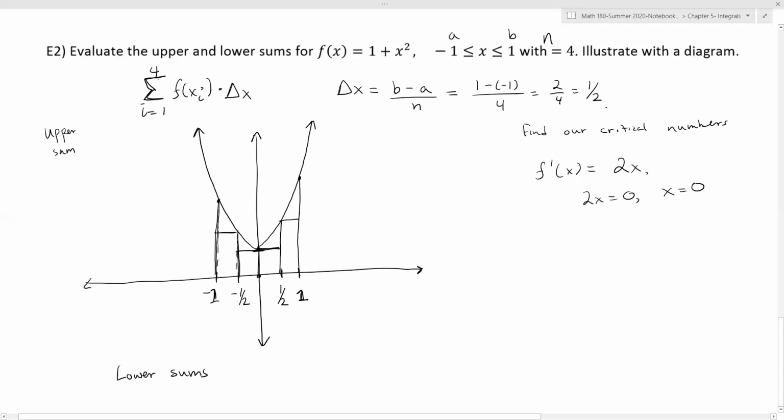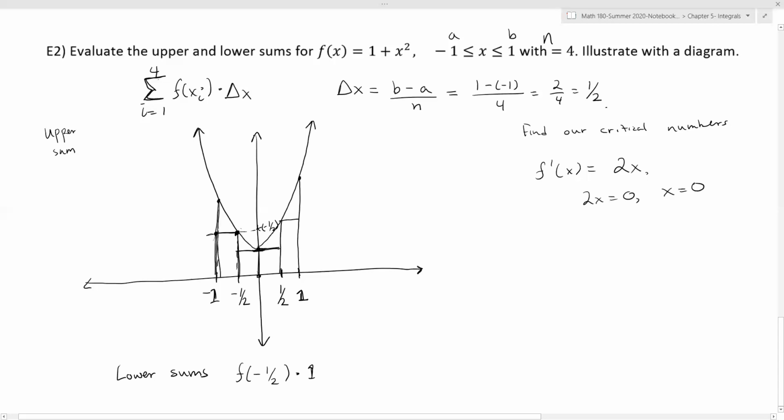So our lower sums, we're going to choose those lower values. So in this case, it'll be f of -1/2 times 1, right? Because we're going to pick this one, the -1/2. So that's f of -1/2 is going to be the height for this first rectangle.